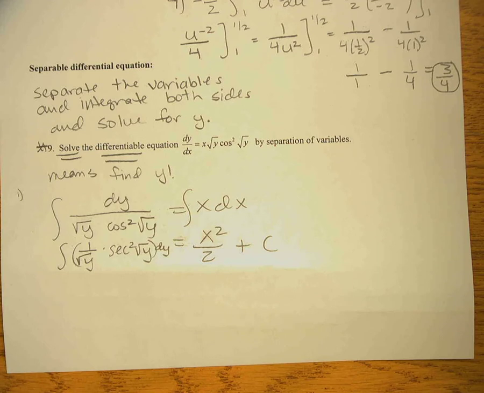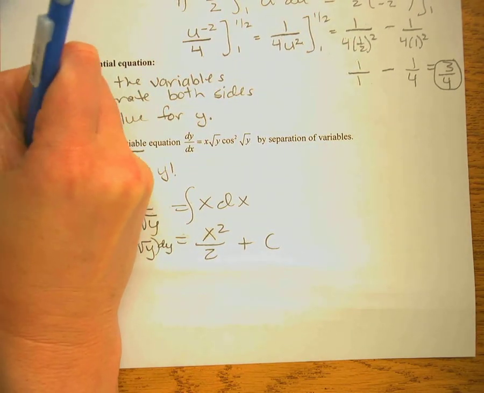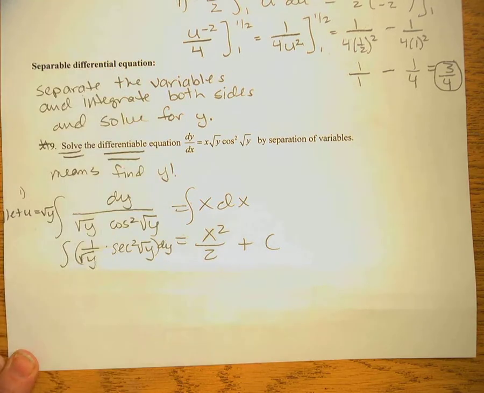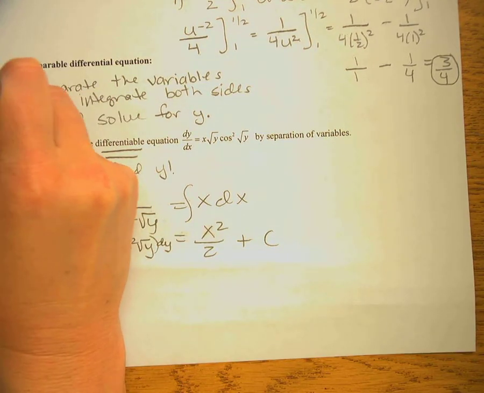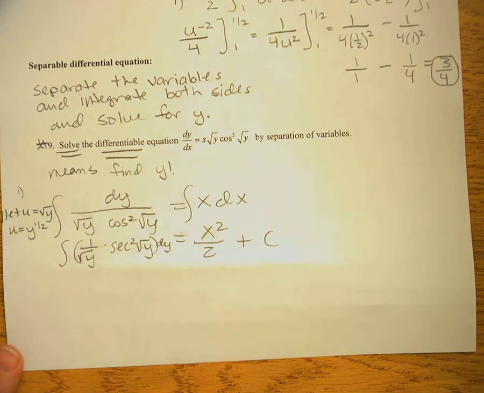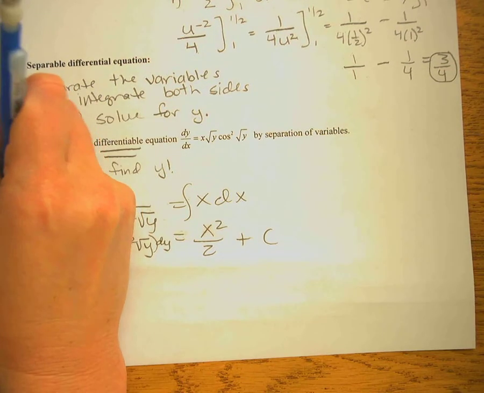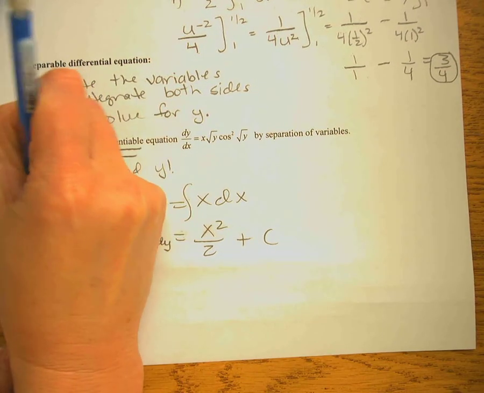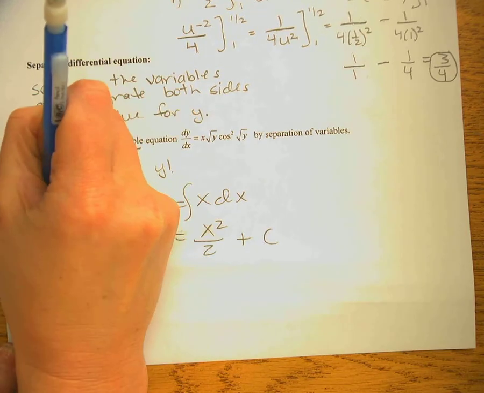It also reminds us that I really want to take the antiderivative of that because that's just tangent. So let's just get rid of the rad y, basically. So I'm going to let u be rad y, which basically means u is equal to y to the 1/2. So then du would be 1/2 y to the negative 1/2 dy.